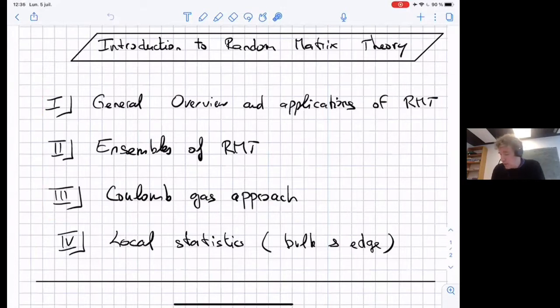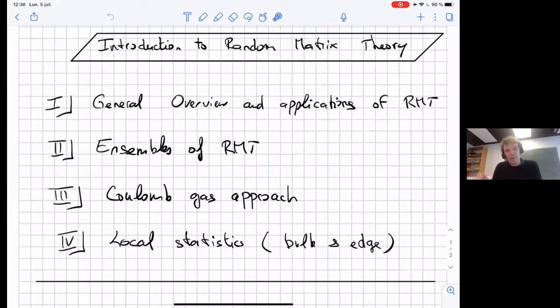I hope I will have time to cover these three steps today, and then I will spend quite some time on what I call local statistics, where I will discuss two very important notions, the bulk and the edge. In particular, looking at the edge means looking at what happens at the border of the support of the density of the eigenvalues.